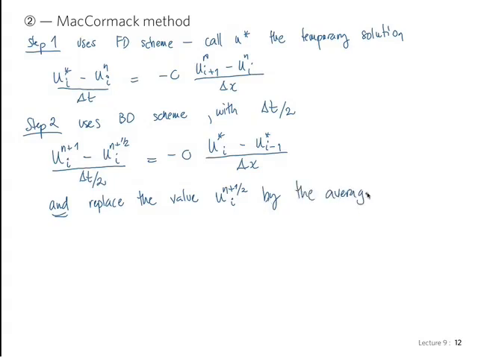The average of the values on each side. So that would mean that we want to use 1 half of u at n, and the previous value, which is our temporary value, our predicted value here.